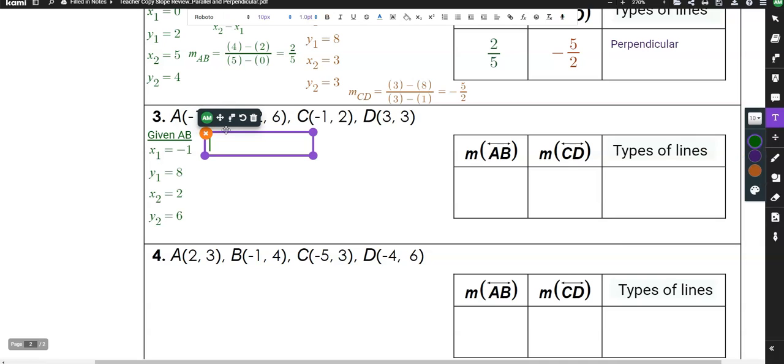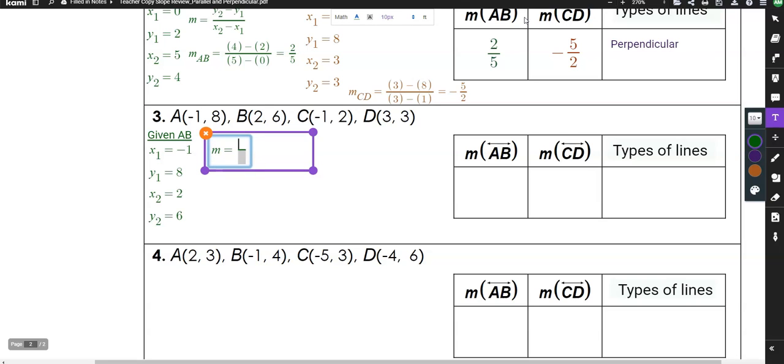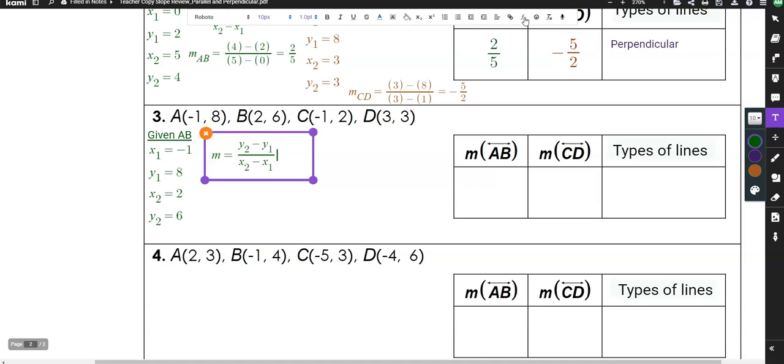So we're going to say that the slope is going to be equal to, again, the difference in y over x. So that's y2 minus y1 over x2 minus x1.